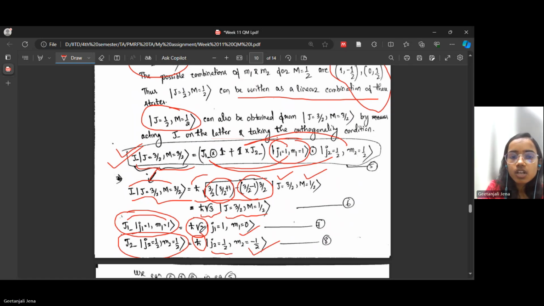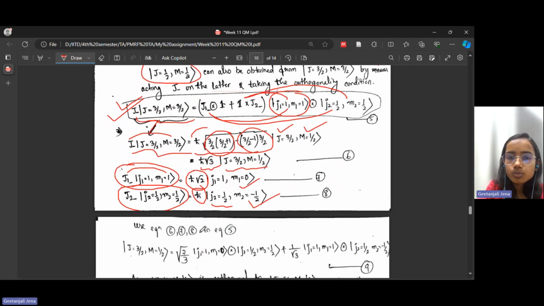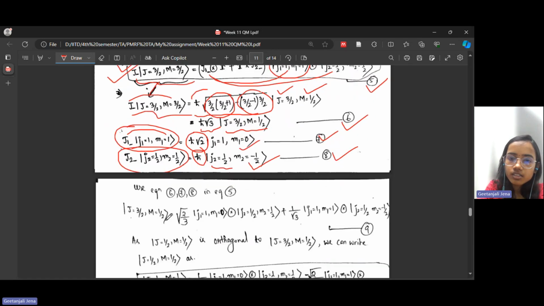Okay. So now you just have to put the expressions 6, 7 and 8 in equation 5, and you will get this ninth equation.